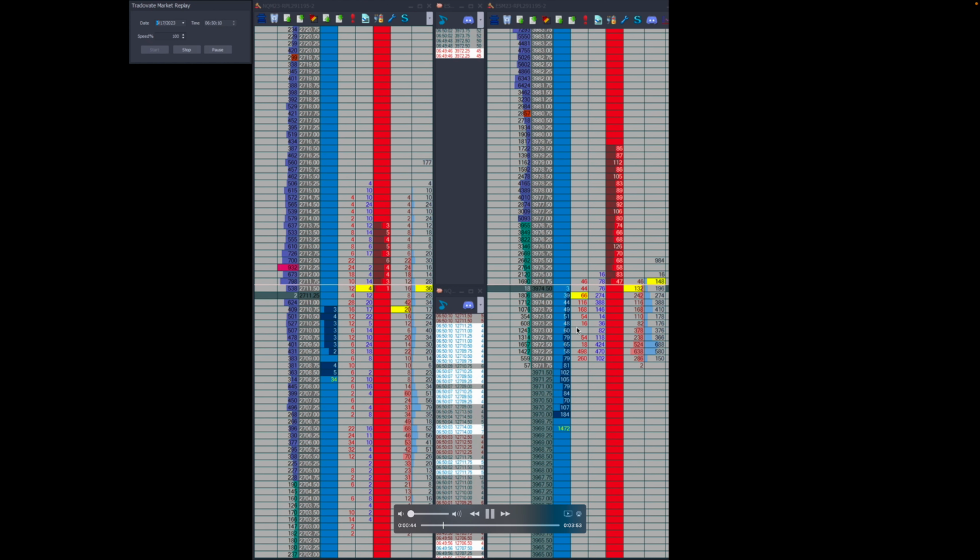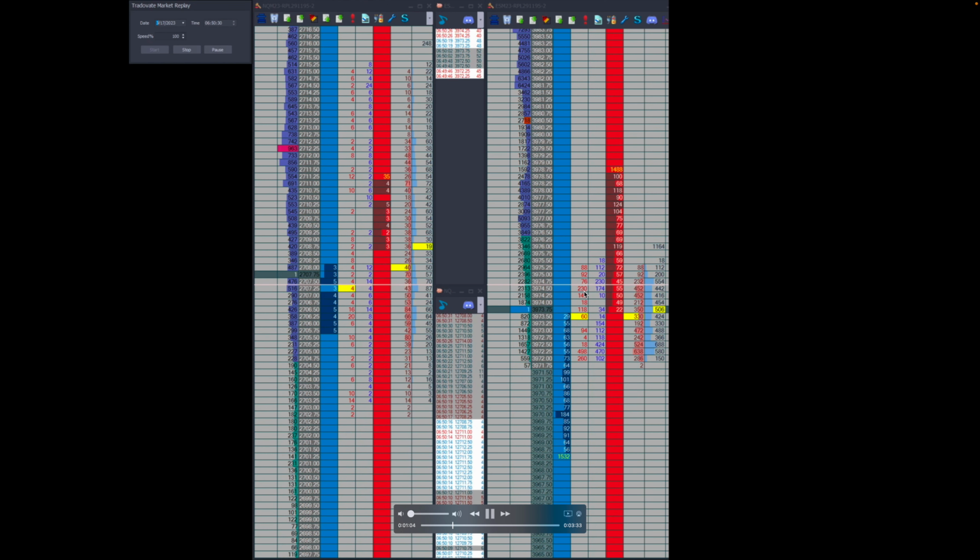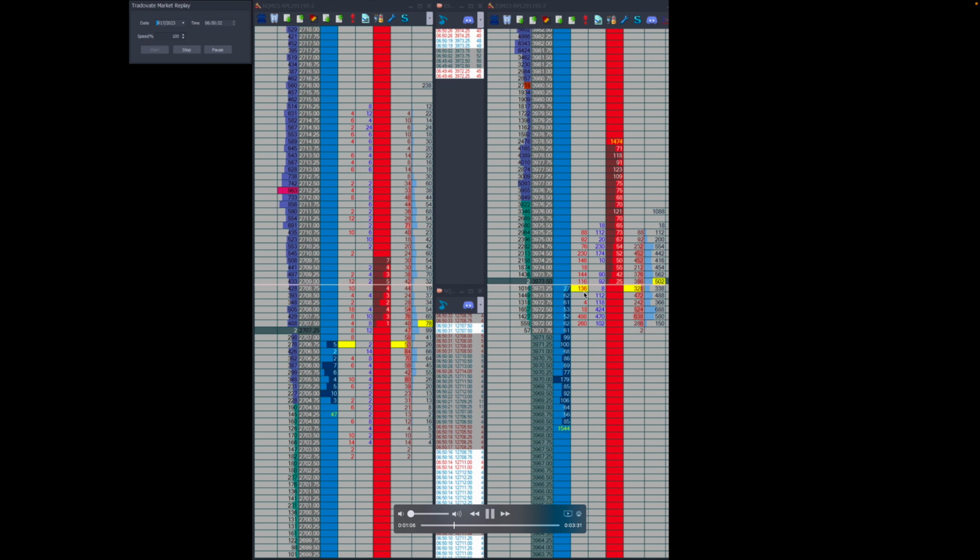And then you can see how buyers are just continuing to throw aggressive size. 254, 180, 112. So they're still trying to sell it, 230, but they can't really take it any lower.